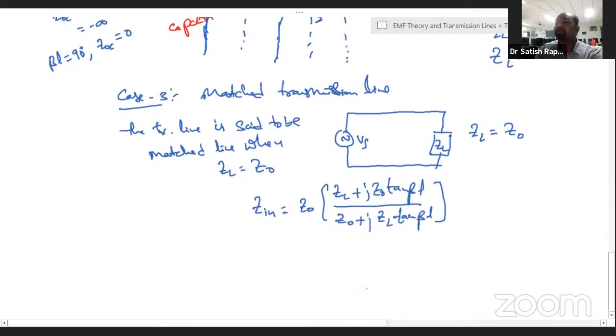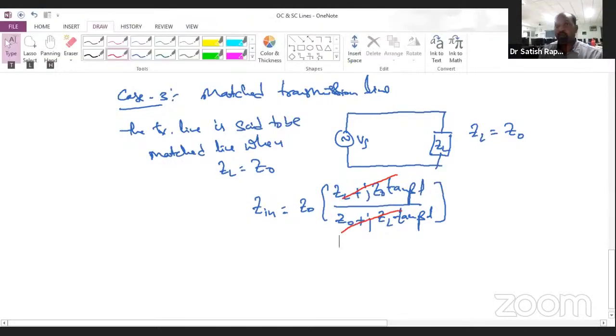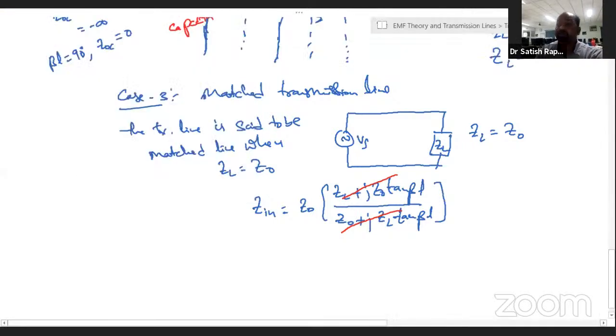When ZL is equal to Z0, numerator and denominator will get cancelled, and we have Zin is equal to Z0.